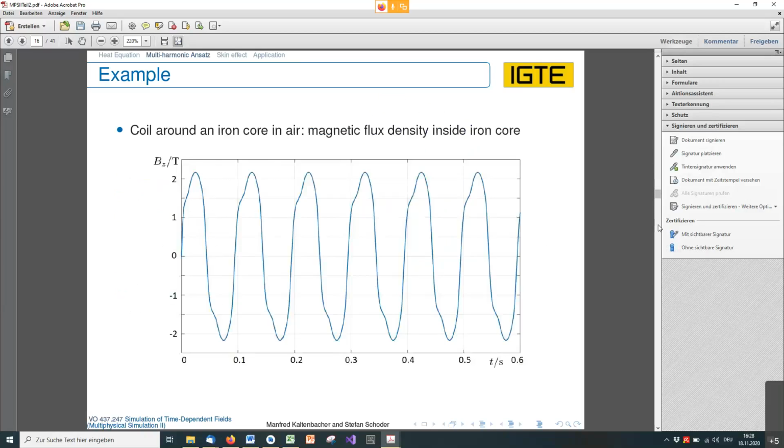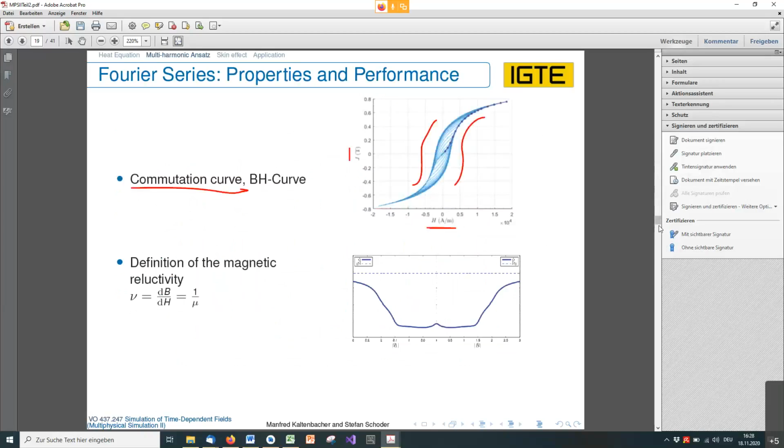But as we know, if we have iron material in our problem domain, the nonlinearities introduced by the BH curve, which we saw on the previous slide, this magnetization curve. This one.